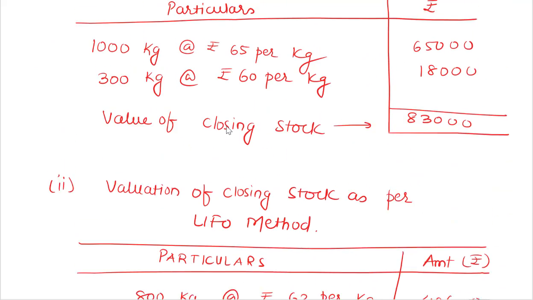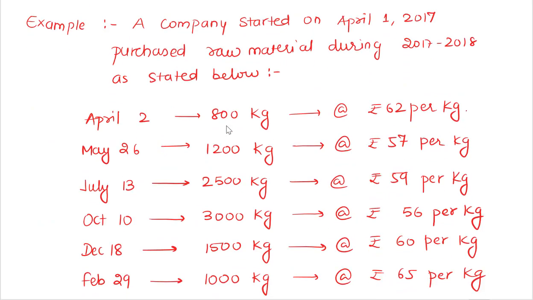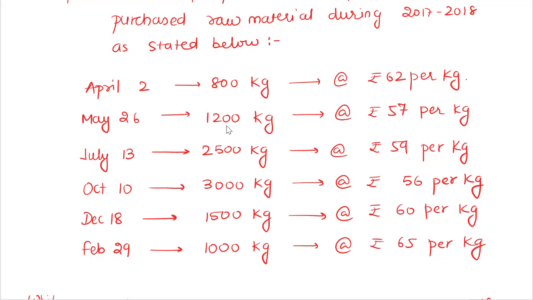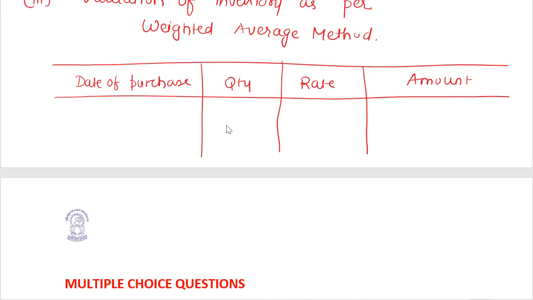So first of all, the first date of purchase is 2nd April, 2017, 800 units at 62.